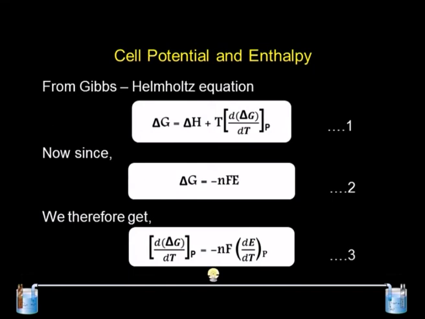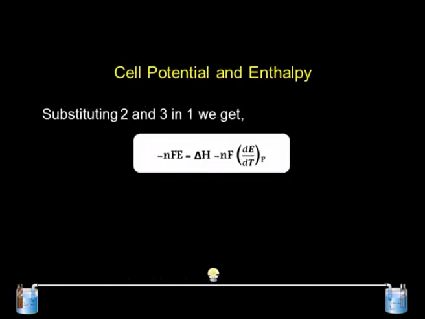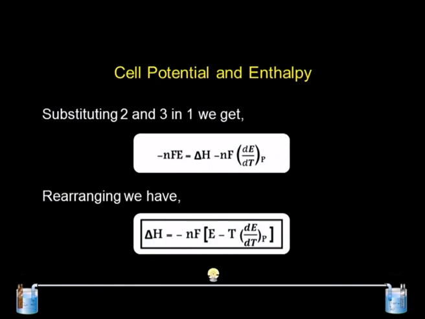Substituting equations 2 and 3 in the first, we get a new relation: minus nFE is equal to delta H minus nFT dE by dT at constant pressure.